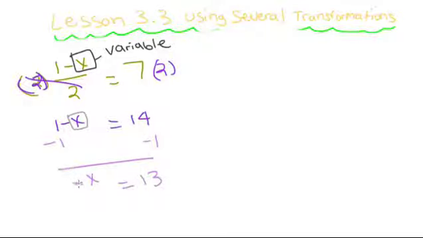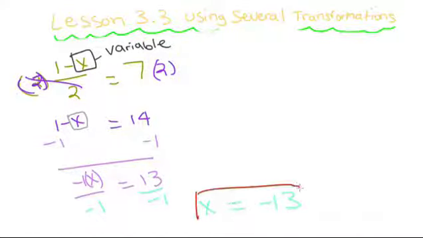So we're doing -1 times x, and that is -x. If we divide, the division cancels out the multiplication, and we get just x. So we do -1 divided by -1. So x is equal to -13.